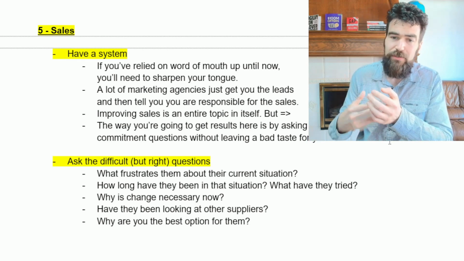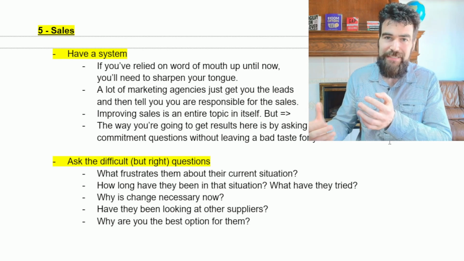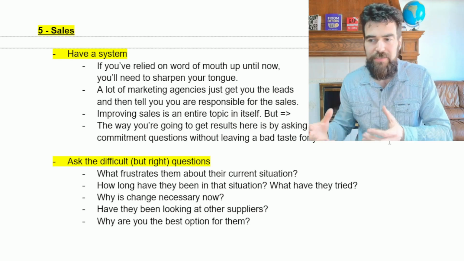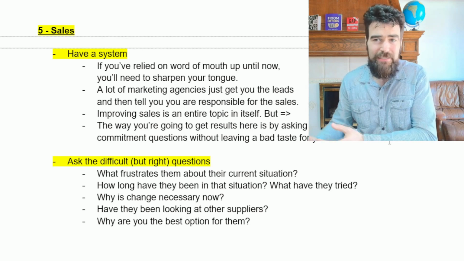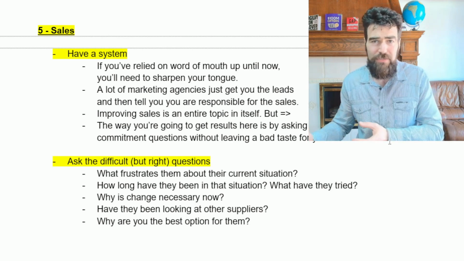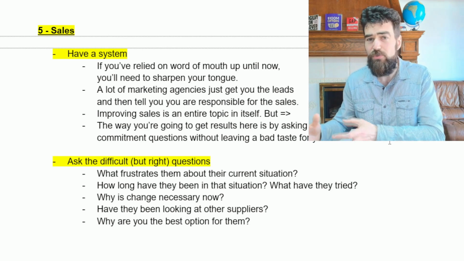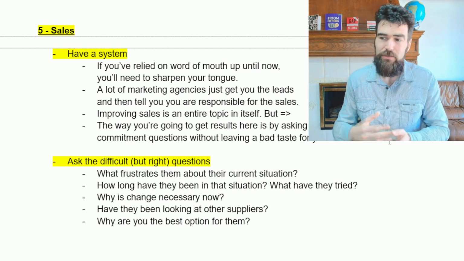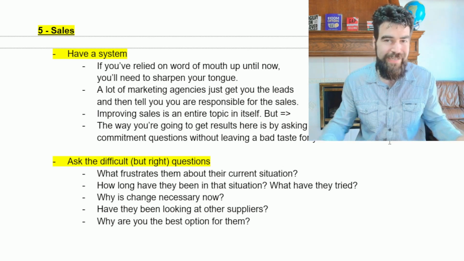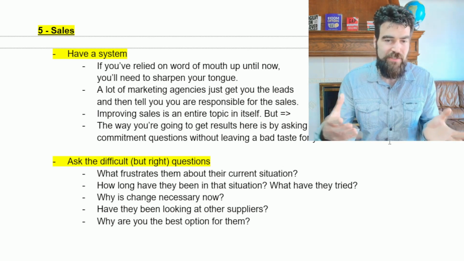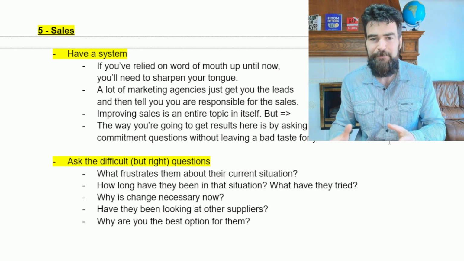But if you don't have a good sales system in place, you could get a lot of good leads, but if you don't have the skills and you don't know how to close them, then you're just going to be wasting all those good leads. So you need to have a good system in place.